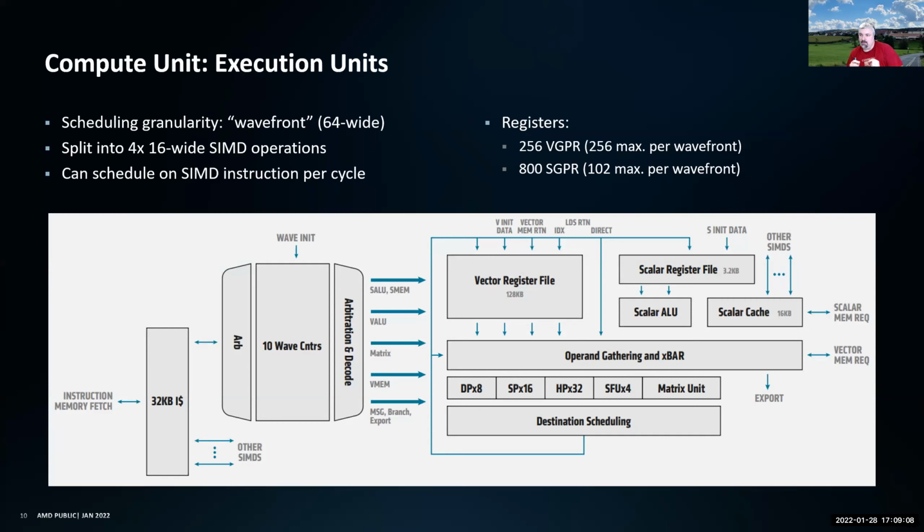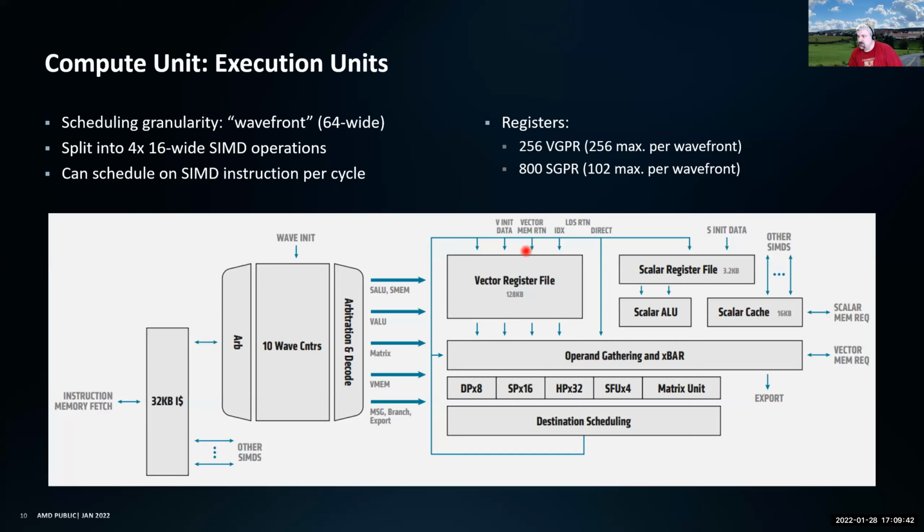Internally, these 64-wide wavefronts are then split into 4 packages, and each of those 4 packages is a 16-wide SIMD operation that is then executed by this compute unit. So basically, you can think of this as taking the wavefront, splitting it up into SIMD instructions, and then every clock cycle, we're going to schedule one of those 4 16-wide SIMD operations.